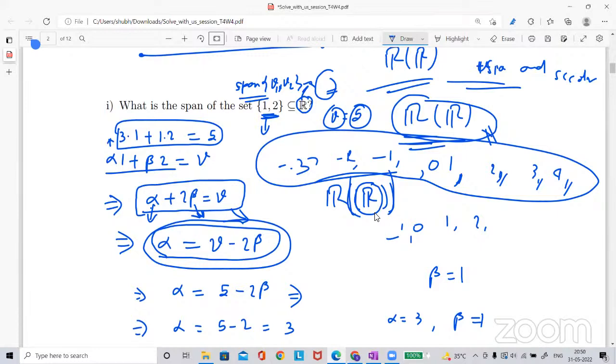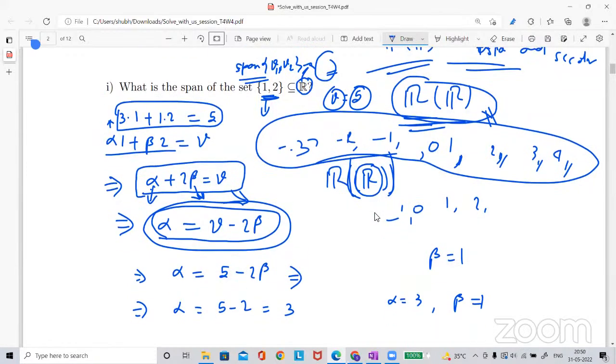What is span? All possible linear combinations of those vectors. Span is all possible linear combinations of those vectors.